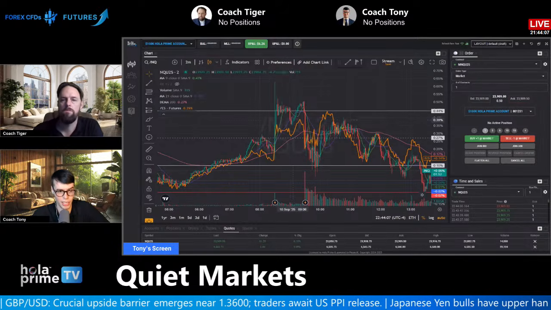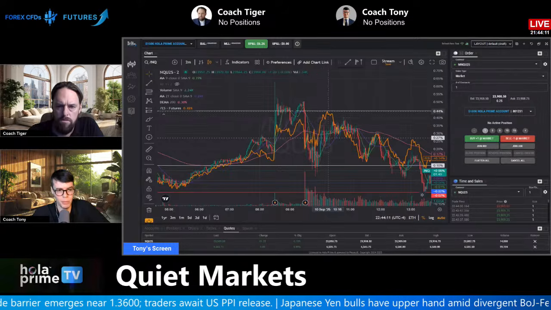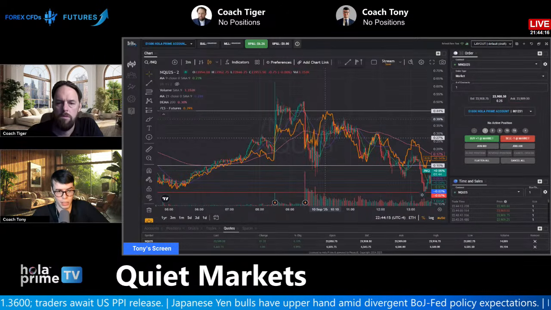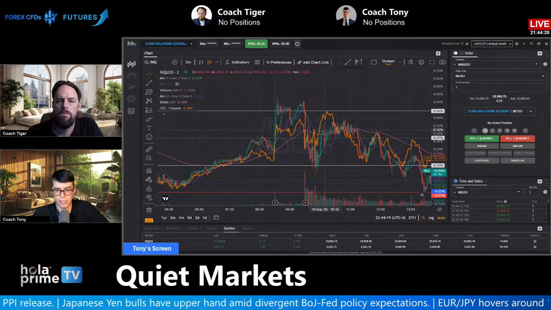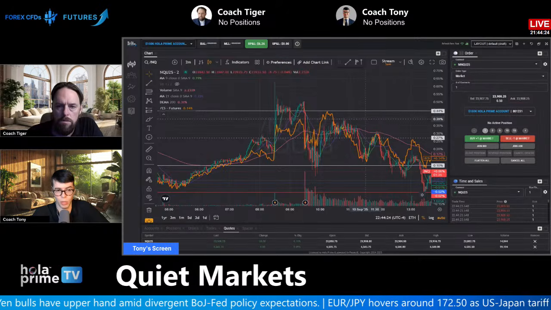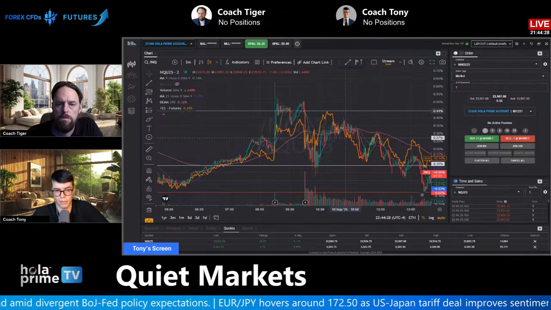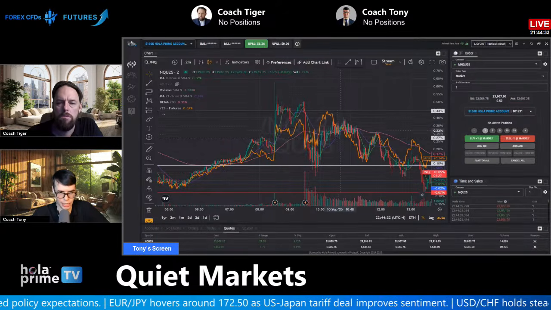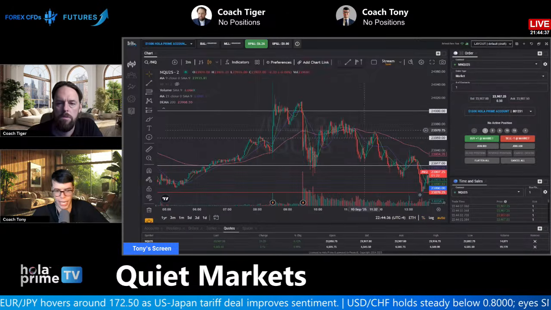ES futures, the S&P 500, broke out of its 15-minute opening range, just like right here. So I thought, S&P's lifting, it's above its 15-minute opening range, and we're nowhere near it. Maybe we will start to get to that 15-minute opening range high in the NASDAQ. Then the S&P started to pull back, and we just got chopped up, going nowhere in the NASDAQ. So why did that happen?